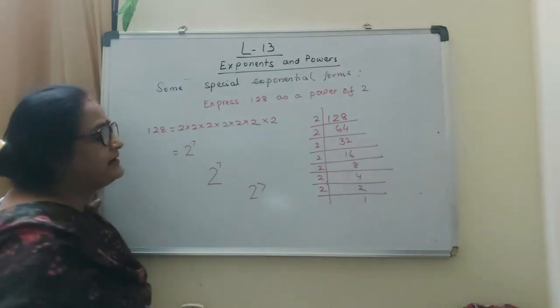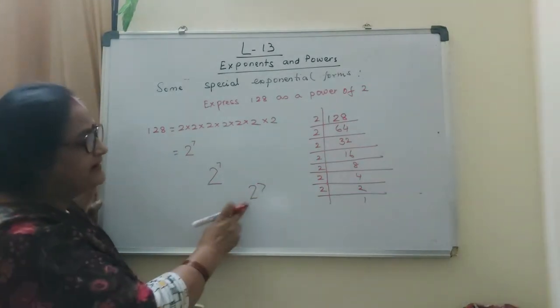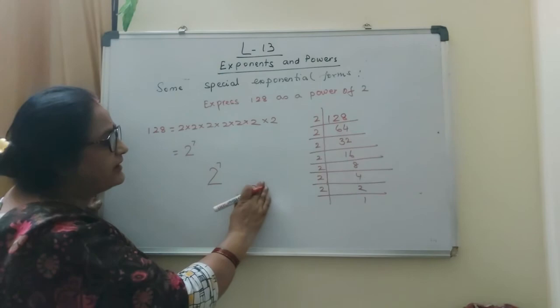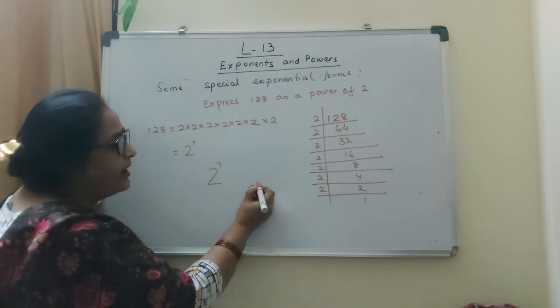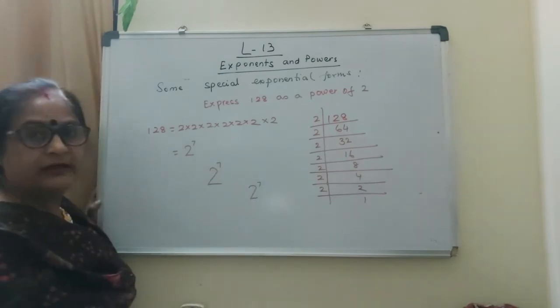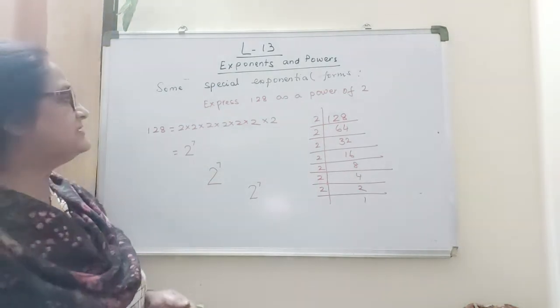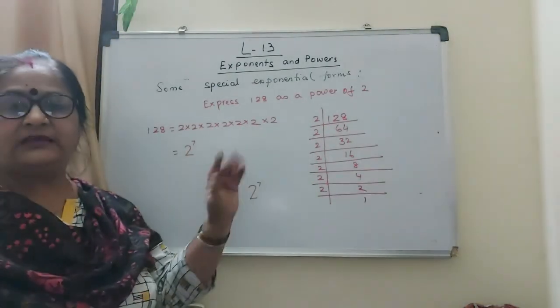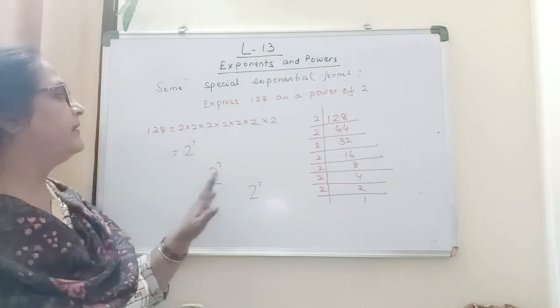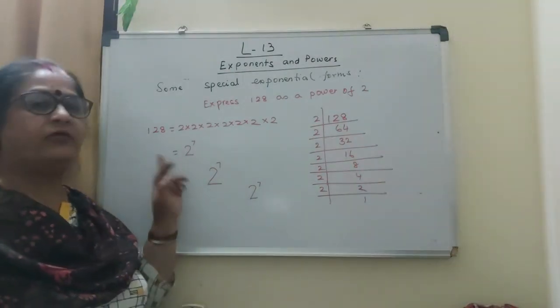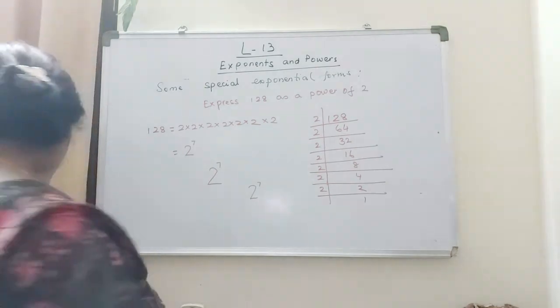Do not write it like this, as this looks like 27. The font of the power must be small and on the top right hand corner. This is expressing it in the form of power of 2.